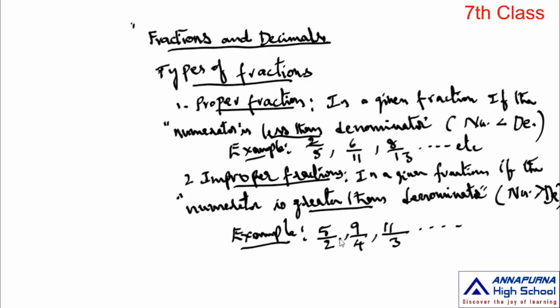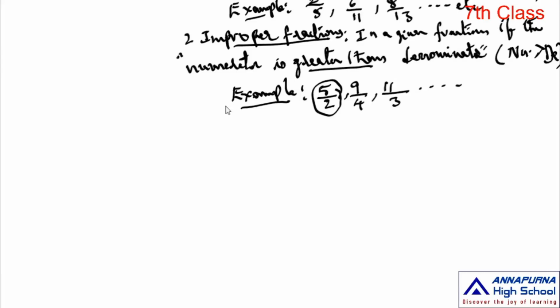If you take any improper fraction, take 5 by 2. 5 by 2 can also be written as 2 1 by 2. Why? Because if you divide this 5 by 2, how many times? 2 times. 2 2s are 4, minus it 1.